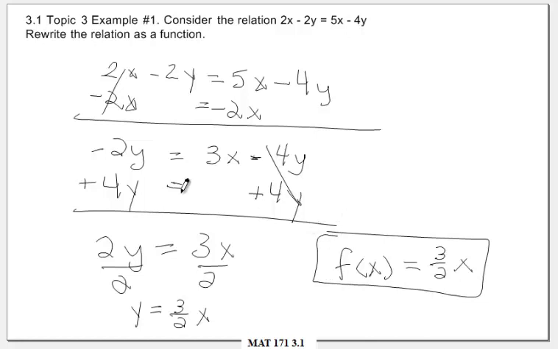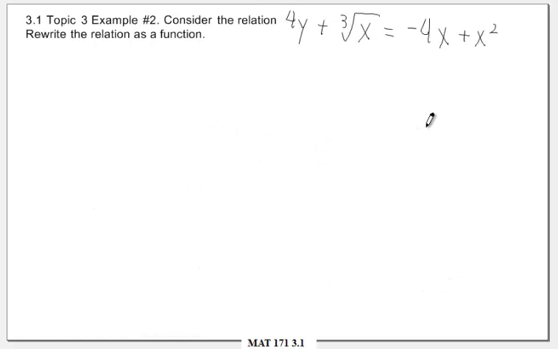For example 2 in topic 3, we're going to consider the relation 4y plus the cube root of x is equal to negative 4x plus x squared. And again, we want to solve for y. So let's rewrite it. 4y plus the cube root of x equals negative 4x plus x squared.